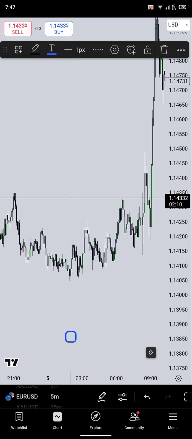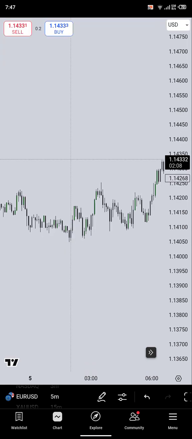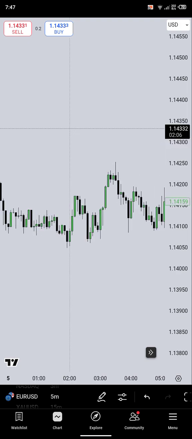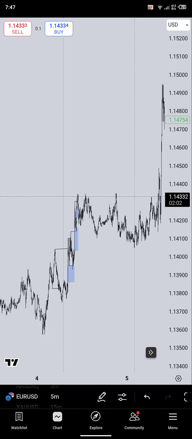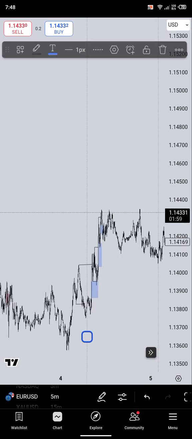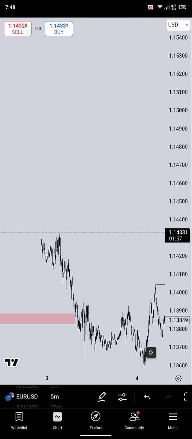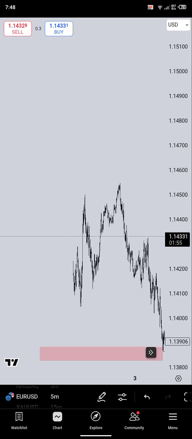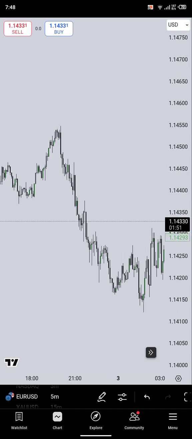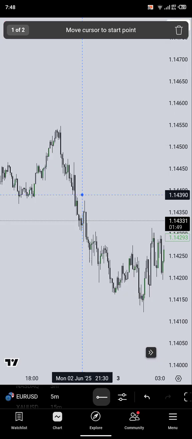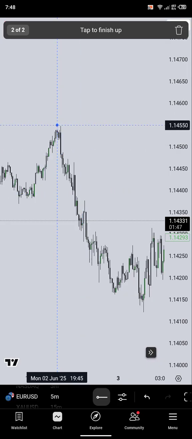Yes. So price opened at this point, but before that, we were looking at this zone, this liquidity here, this high. Let's mark that out.